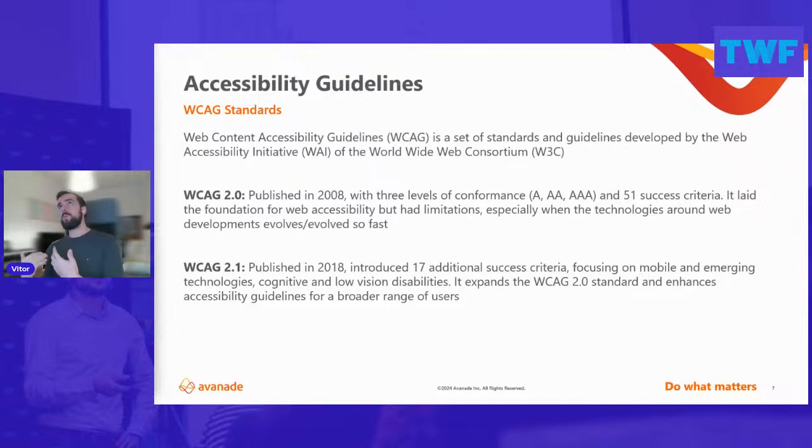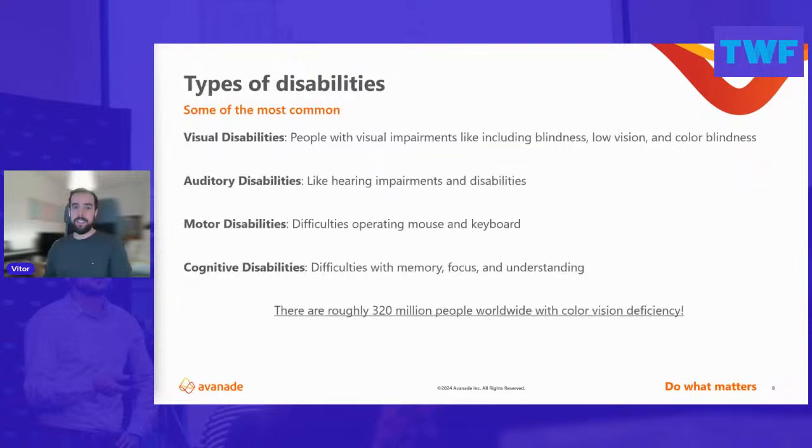This one was mostly focused on adding criteria that we didn't have previously for things like mobile technologies and accessibility for mobile devices, because before we didn't have the web on our phones. 2008 was barely anything compared to what it is today, right? So just a quick bit of information here.